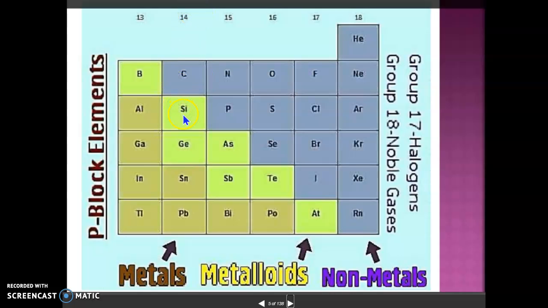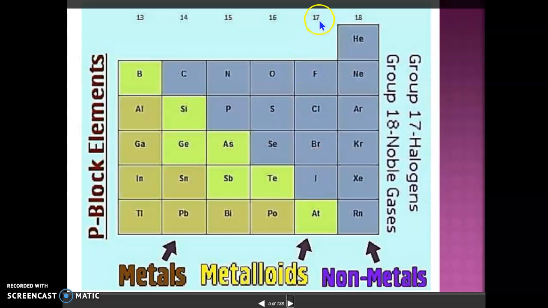The second group is the carbon family, or 14th group, having carbon, silicon, germanium, stannous and lead. The third is the 15th group, or nitrogen family, having nitrogen, phosphorus, arsenic, antimony and bismuth. The fourth is the 16th group, or oxygen family, having oxygen, sulfur, selenium, tellurium and polonium.